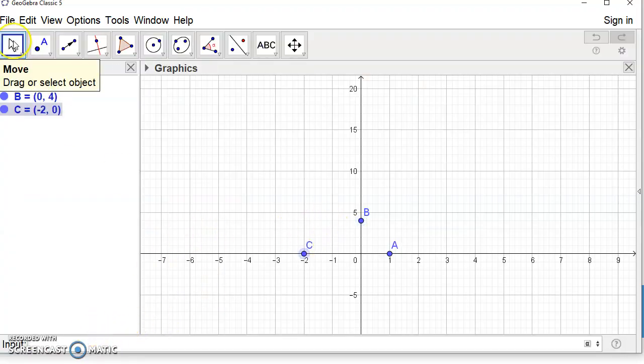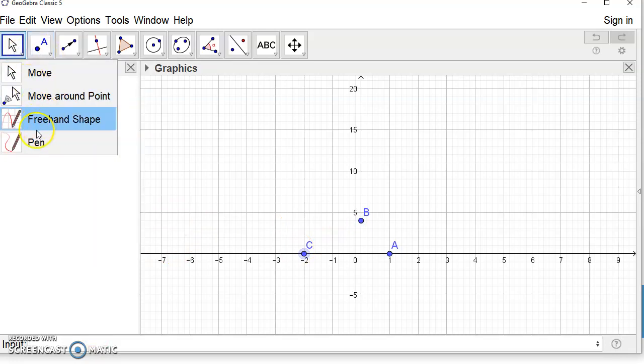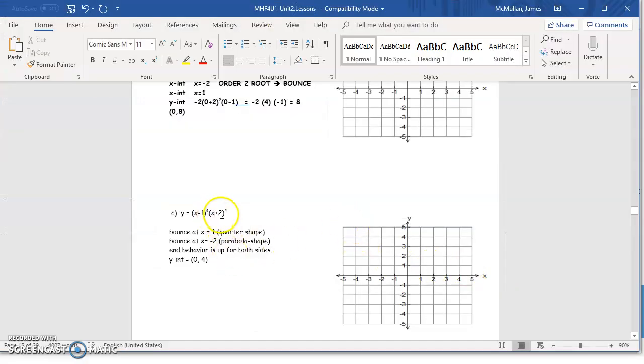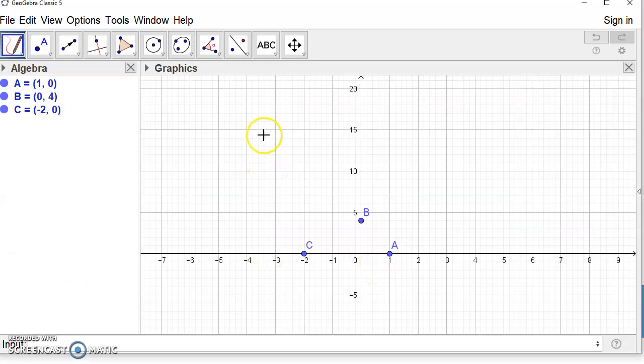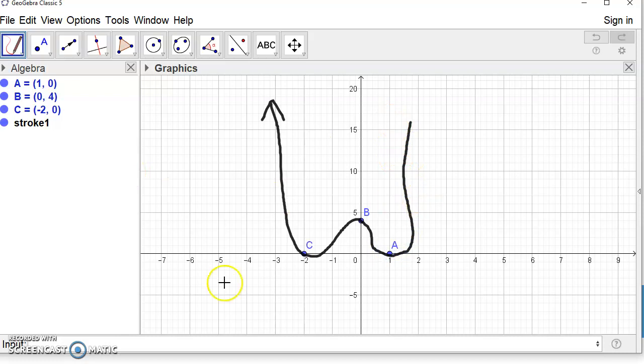I know there's going to be a parabola-like bounce off of the first point, and a quartic-like bounce off of the second point. So, something like this. A parabola-like bounce here, and then a quartic is just the same thing, just a little flatter before it comes back up. And sorry, that's horrible, but I'm doing it with my mouse.